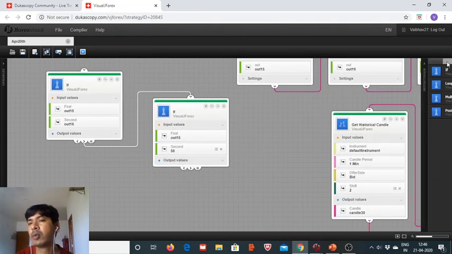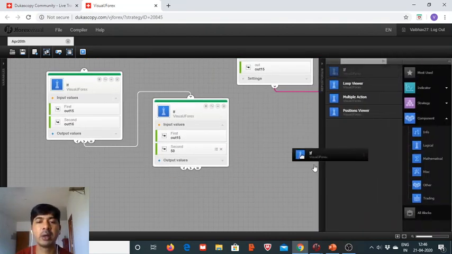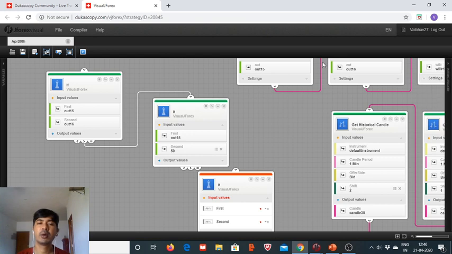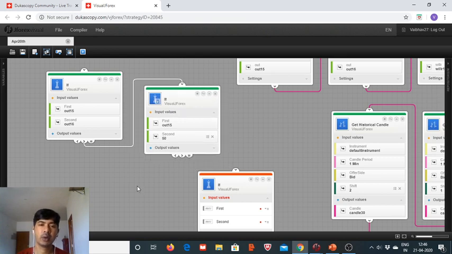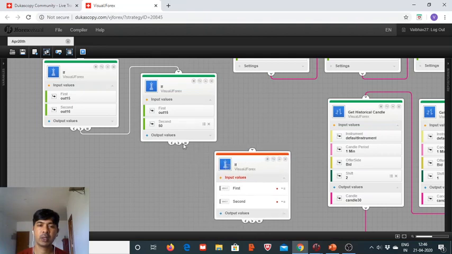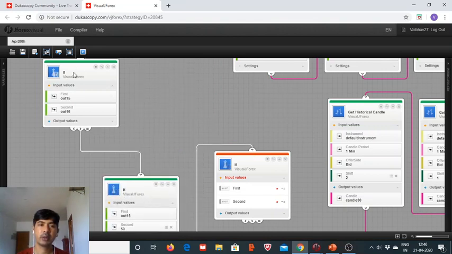Now we have to look at the Williams R and historical candles of the hourly setup. We want it to be greater, so we take this first input greater than second input. Okay.